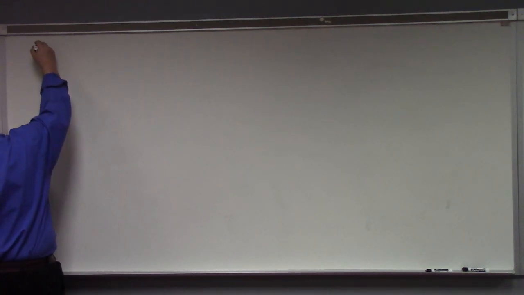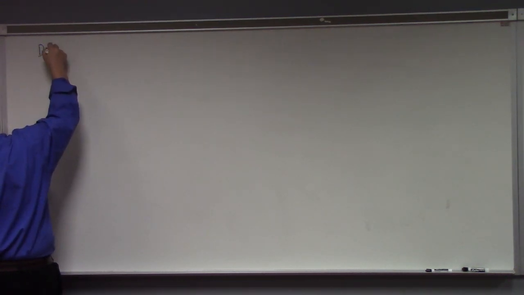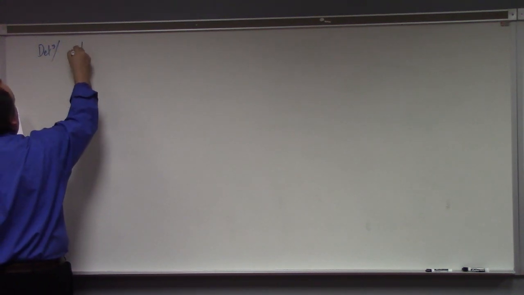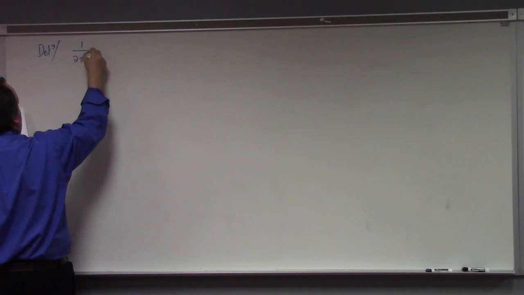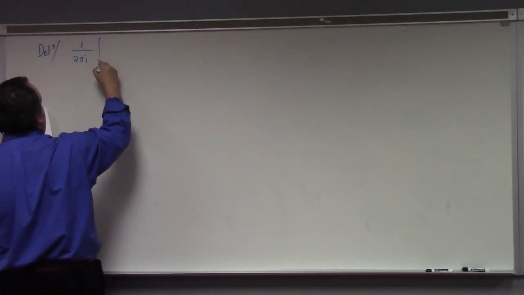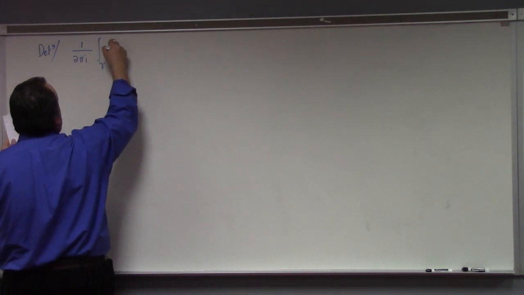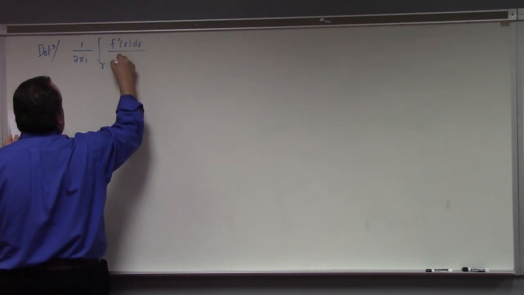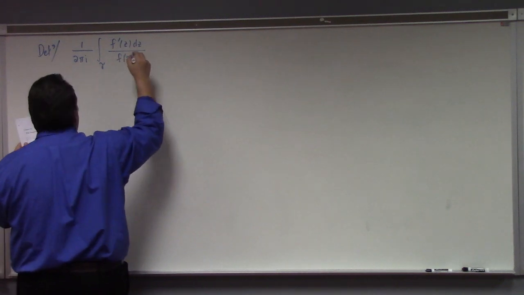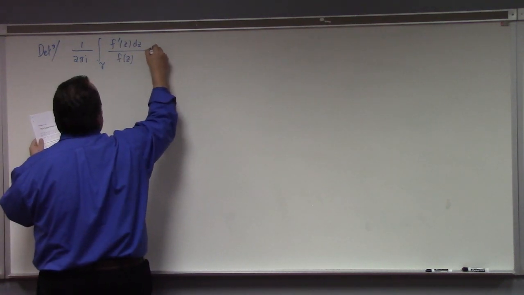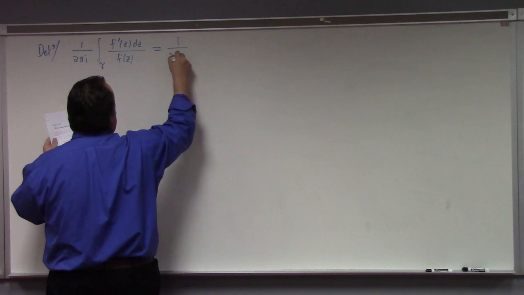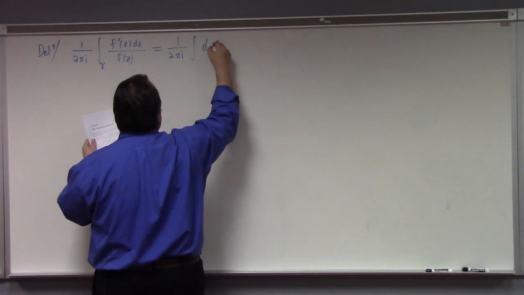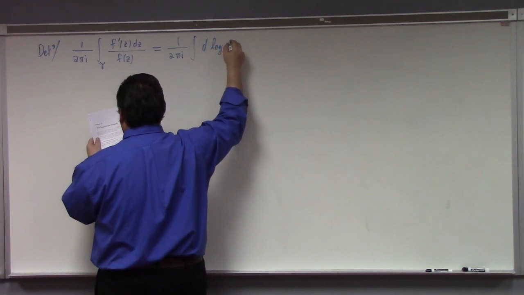Let me give you a definition here. 1 over 2 pi i, integral over gamma of f prime of z dz over f of z, all right, which is equal to 1 over 2 pi i, the integral over the differential of the log of f of z.